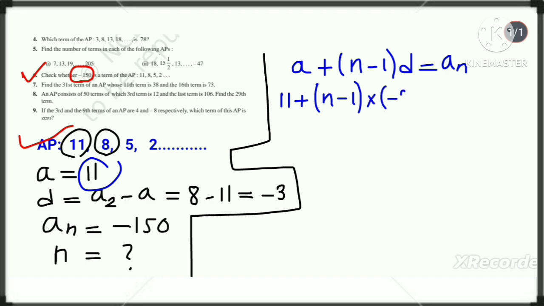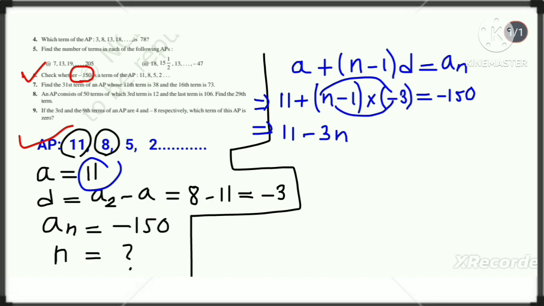D we have obtained is minus 3, and AN equals minus 150. Now 11 as it is, and here plus into minus, minus 3 into n, that is 3n.